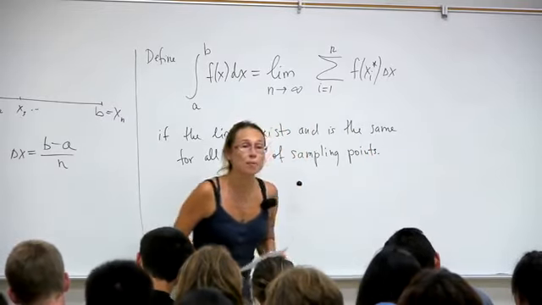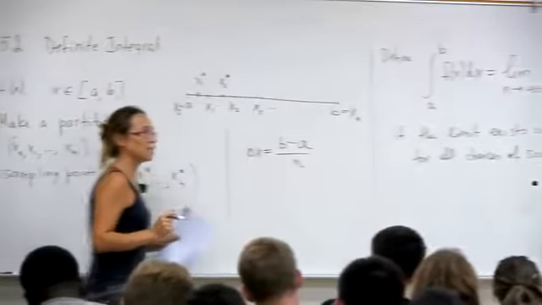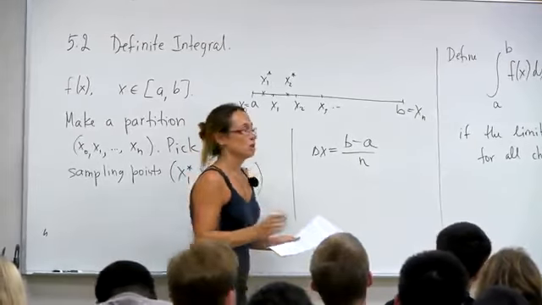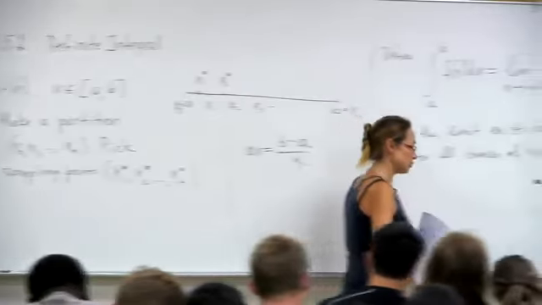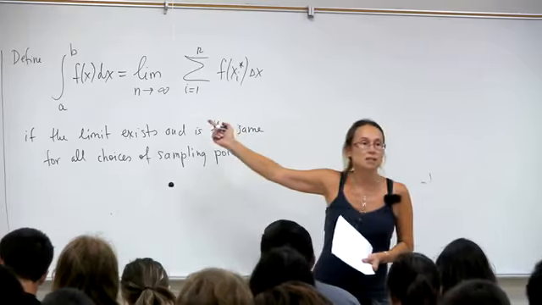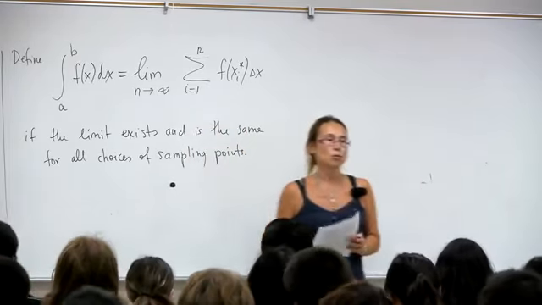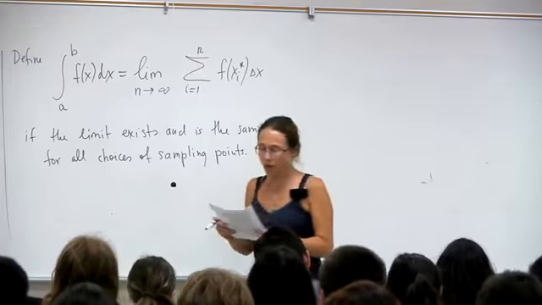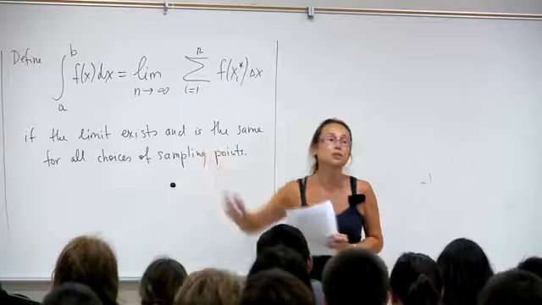For instance, it could happen that if I choose the sampling points to be the left side of each interval, the left-hand rule, and I take the limit, I get a number, then I choose them to be the right side of each interval, and the limit is different, then this definition doesn't make sense. So it only makes sense if the limit exists and if it's the same for any choice of those sampling points.